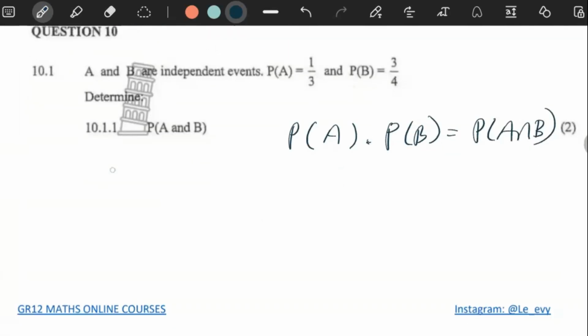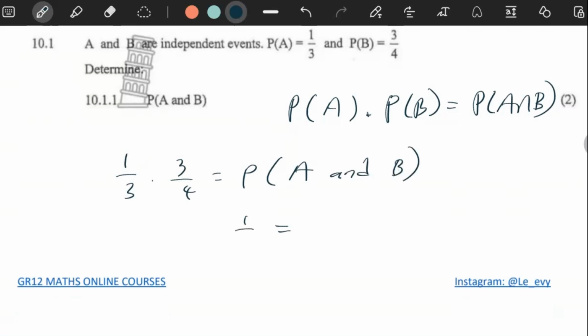So you're going to just say here, a third multiplied by 3 over 4. This is the probability of A and B. It's just a 2-mark question, so this is just going to be a quarter.